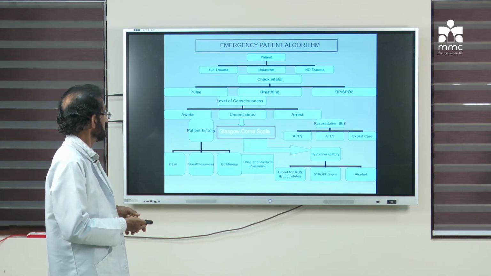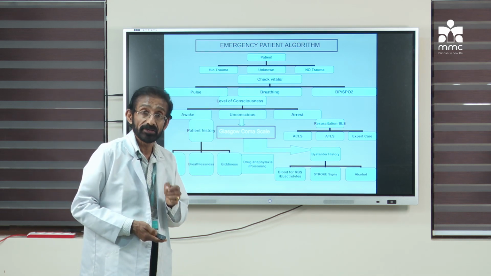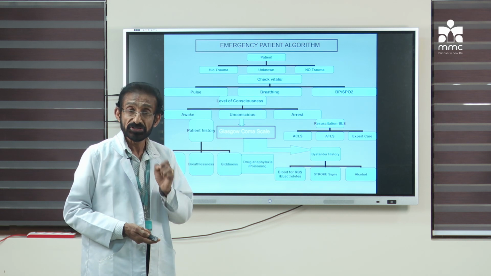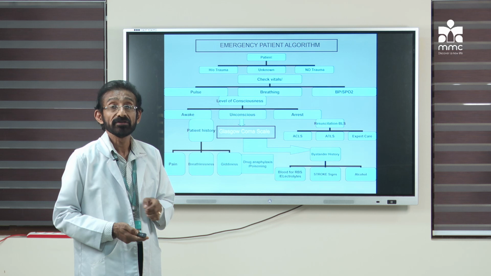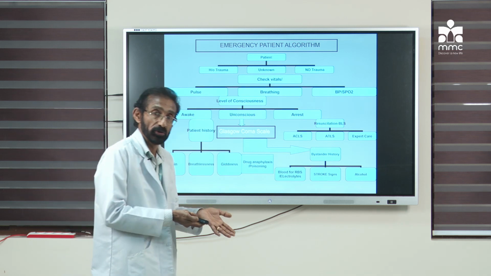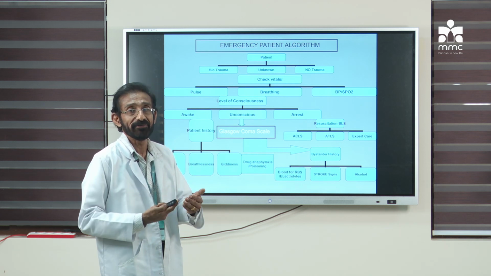If the patient is awake, conscious and comprehending, it is mandatory you get a detailed history regarding the illness as well as the drug history. There are many times when the patient will forget to tell you about the drugs he or she has been taking, and so you might have a drug interaction.